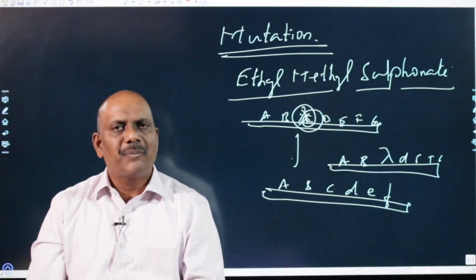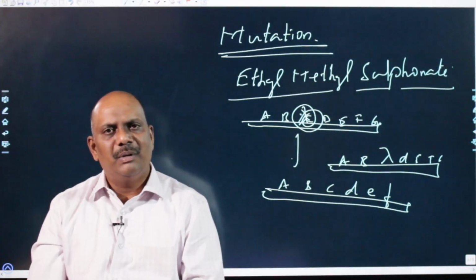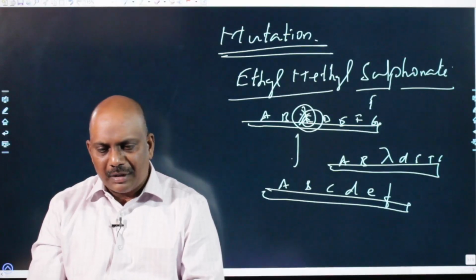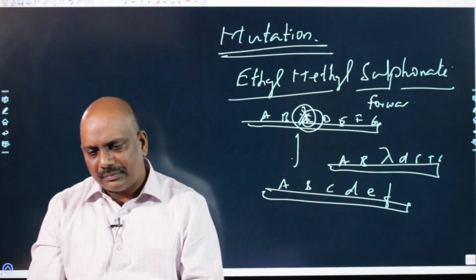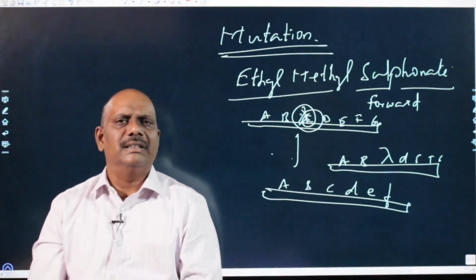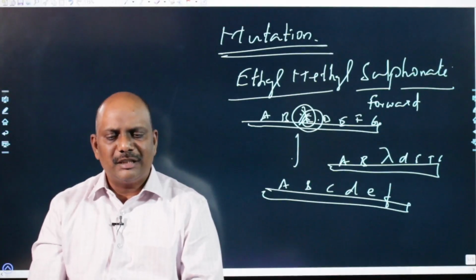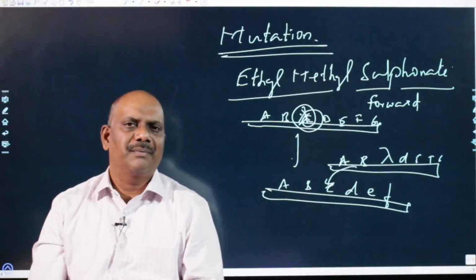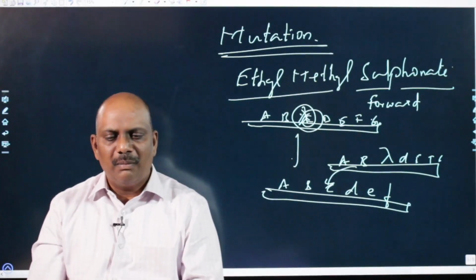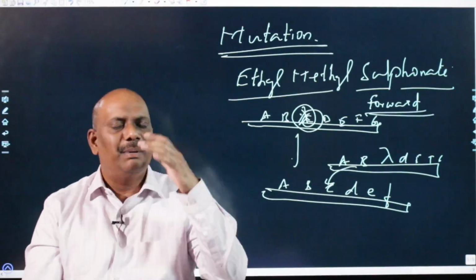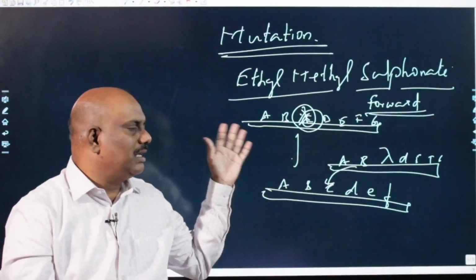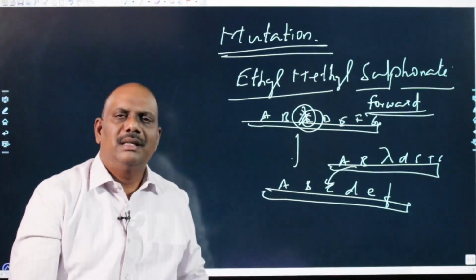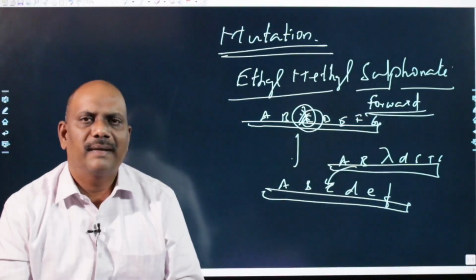But sometimes forward mutation may happen at a greater rate, so that the changes will be prominent and may get perpetuated. Changes may filter into the population.